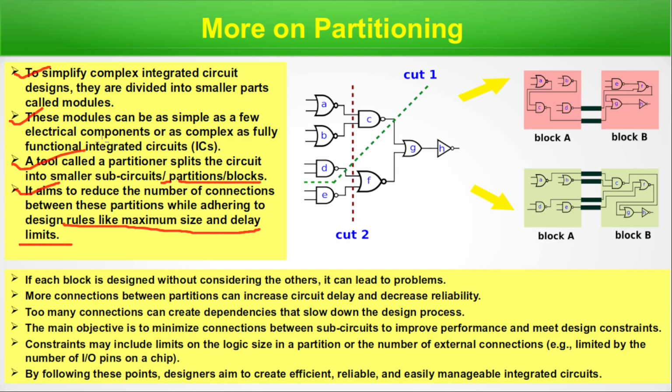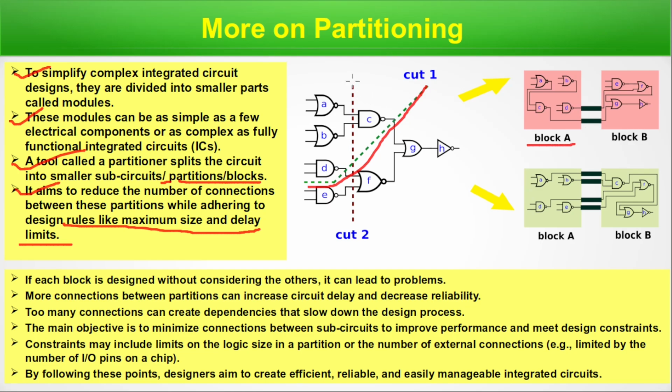We cannot ignore them. There is an example circuit with 8 gates and we can cut or divide it in two different ways. Like this is cut 1. In cut 1, gates A, B, C, D are in block A and E, F, G, H are in block B. We are keeping the connections the same, that is, the functionality the same. So the interconnect between these two blocks is 2.